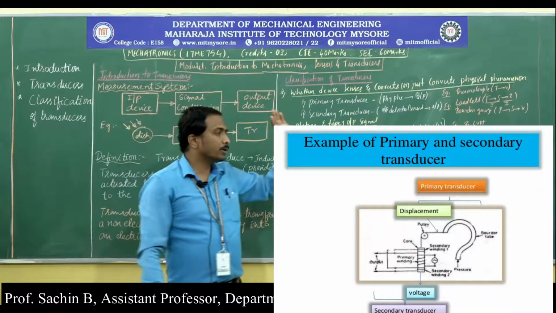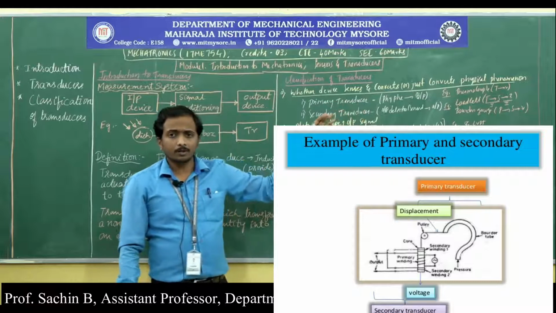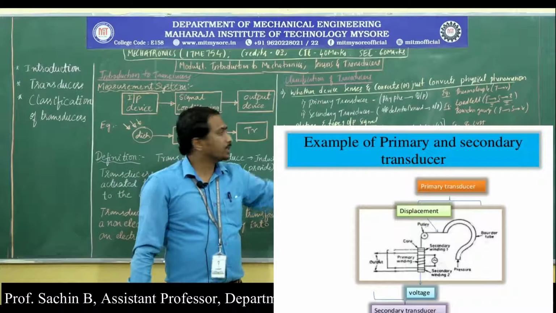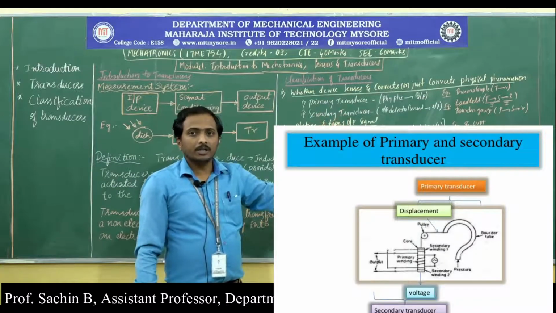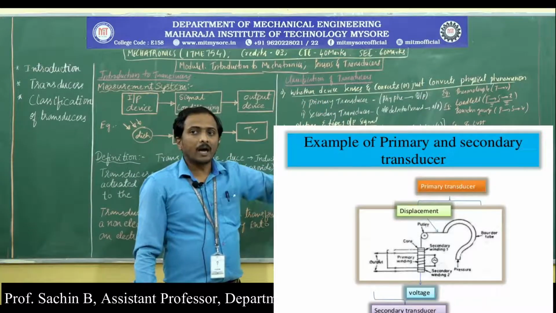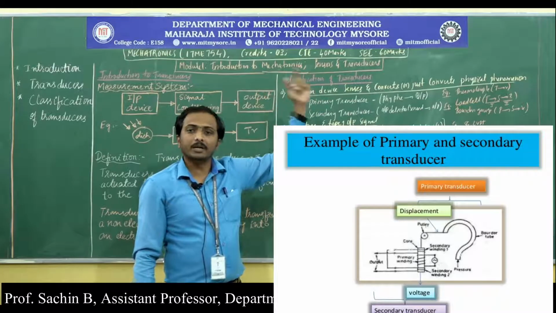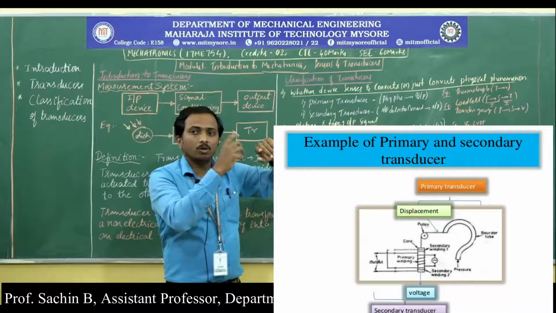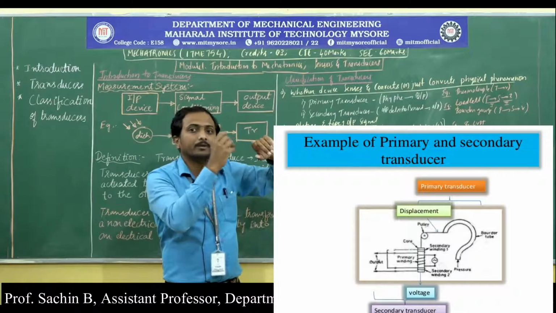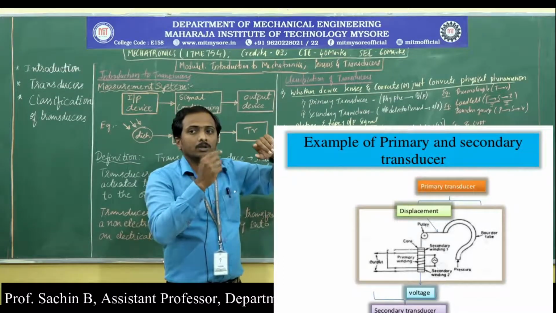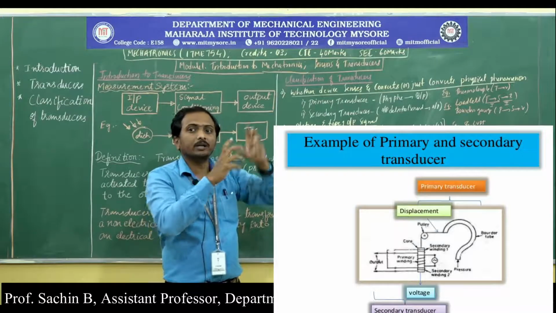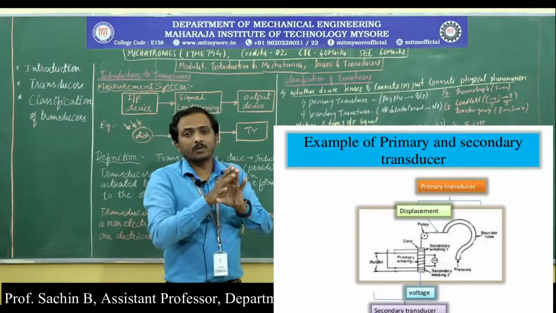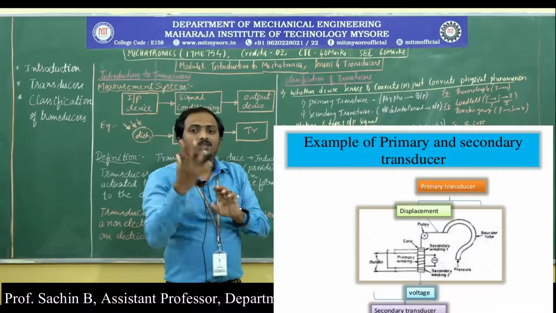When we observe the Bourdon tube diagram, pressure is applied on the Bourdon tube, due to which the link gets actuated. A mechanical transformation happens at the end of the Bourdon tube, which gets connected to the coil, the windings present in the linear variable differential transformer. In that transformer we have a primary coil and a secondary coil.